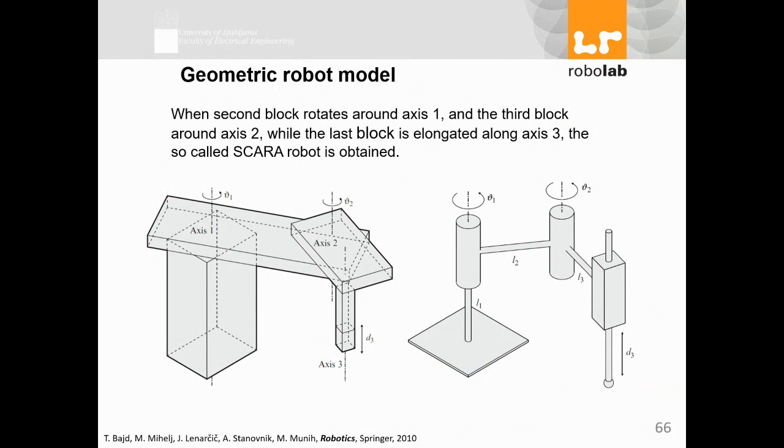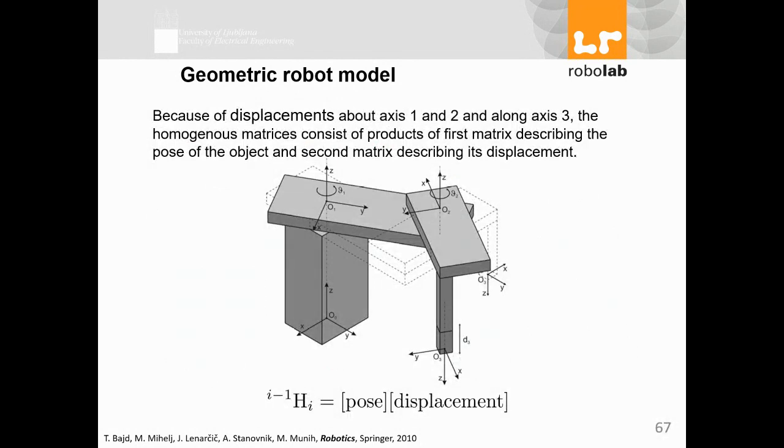So the more practical shape for this robot will be something like this, but the dimensions and calculations are still similar to what we did originally on this robot. The second block rotates around axis 1, the third block rotates around axis 2, while the block is extended along axis 3; what we have is a SCARA robot.